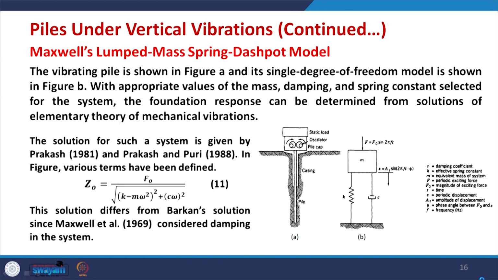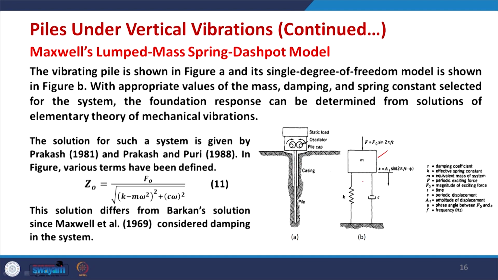Continuing with these assumptions, Maxwell's lumped mass spring dashpot model is shown in figure A, which is approximate, but figure B is the idealized model. In figure B you have the mass on the top, a lumped mass representing a static load oscillator on the top of the pile cap.